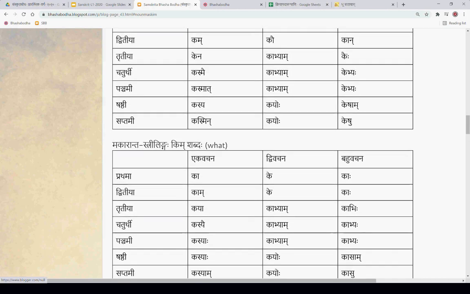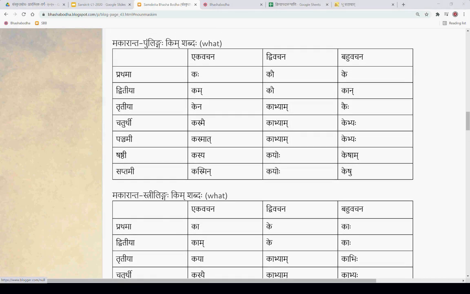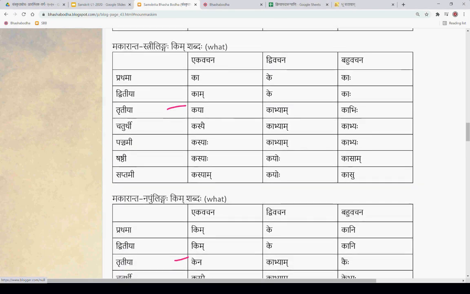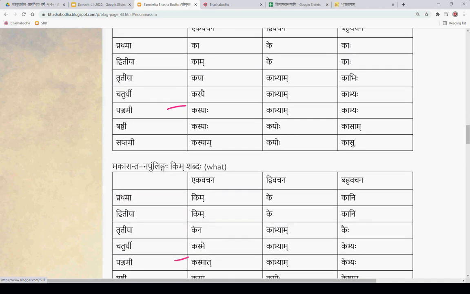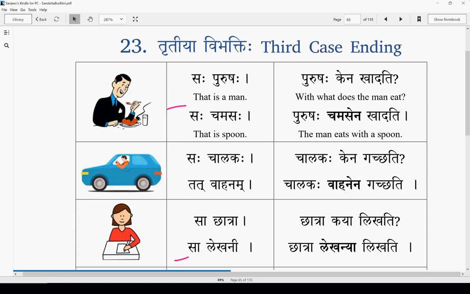Anyway, what we are looking at now in Tritiya is Kena for Pullinga and Kaya in Strilinga, and again Kena in Napumsakalinga. Sa Chhatra, Sa Lekhani. Here the word is Lekhani, and the lingam of Lekhani is Strilingam, so we are asking the question Kaya.